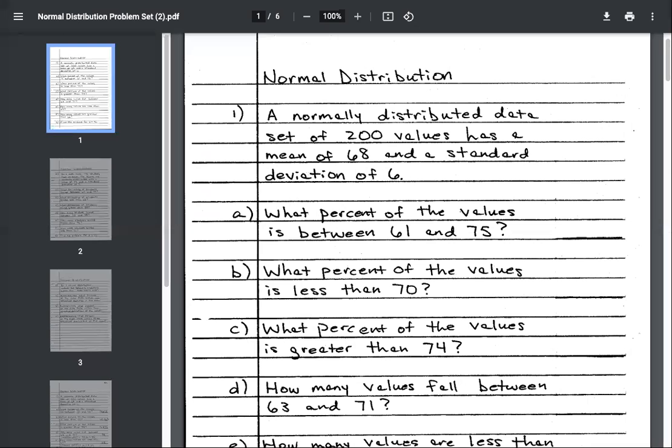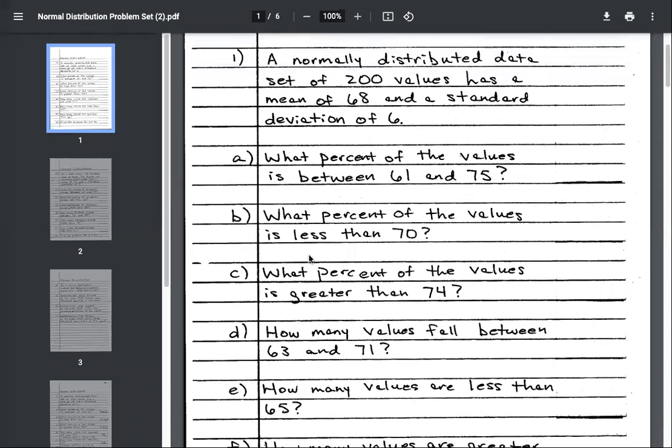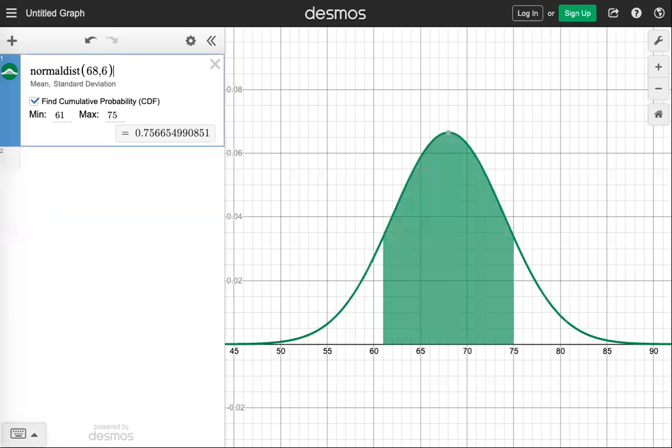Let's look at question B. Question B says, what percentage of the values is less than 70? Since we have to go less than 70, our maximum is going to be 70 and we don't have a minimum. So I'm going to get rid of the minimum. Notice, once I get rid of the minimum, it's automatically replaced with a negative infinity. The decimal it gives me at the bottom of the box is 0.63055.